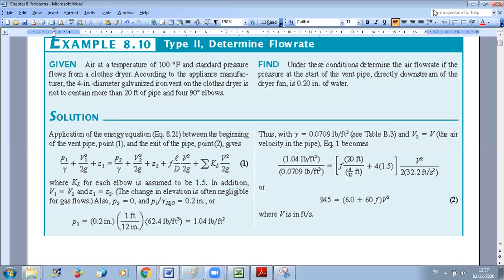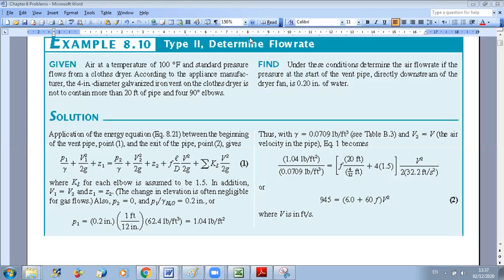Now, yes, we can show a drawing. Here the drawing is simple because you have a system, whatever the system is, you don't care for it. They are saying that you have a length of 20 feet and 4 elbows of 90 degrees.